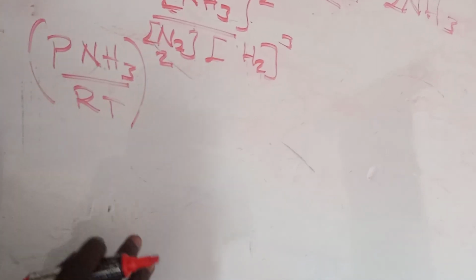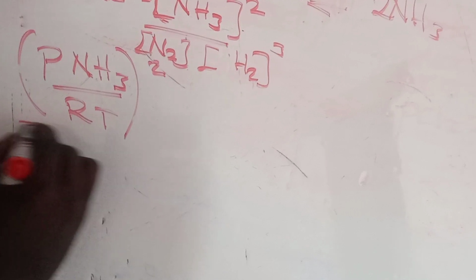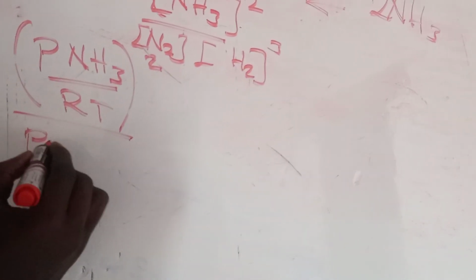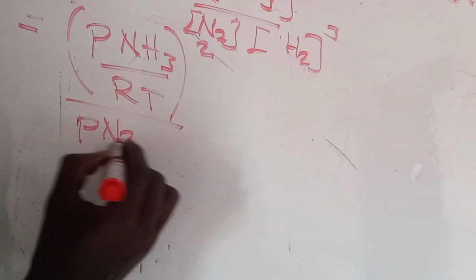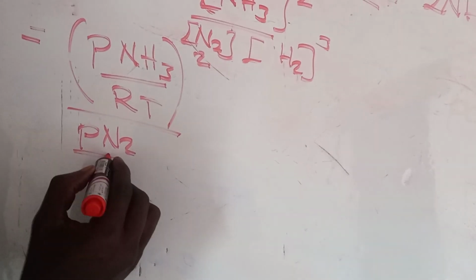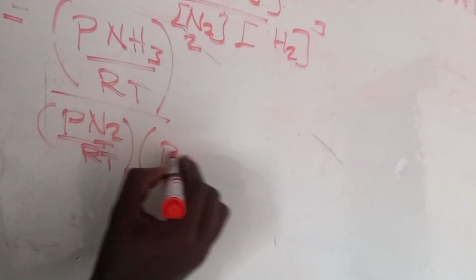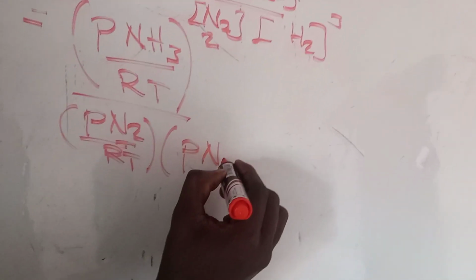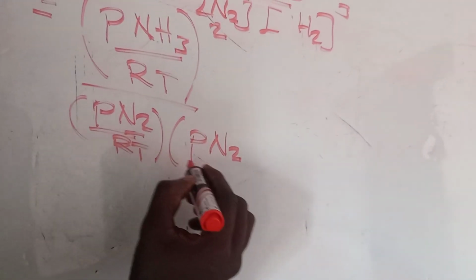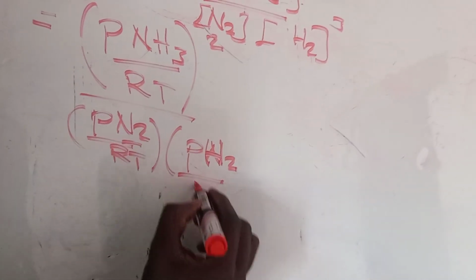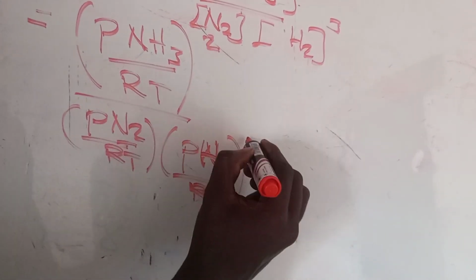Over the same thing down here, it is P of N2 over RT, the same thing there, P of hydrogen over RT to the power 3.